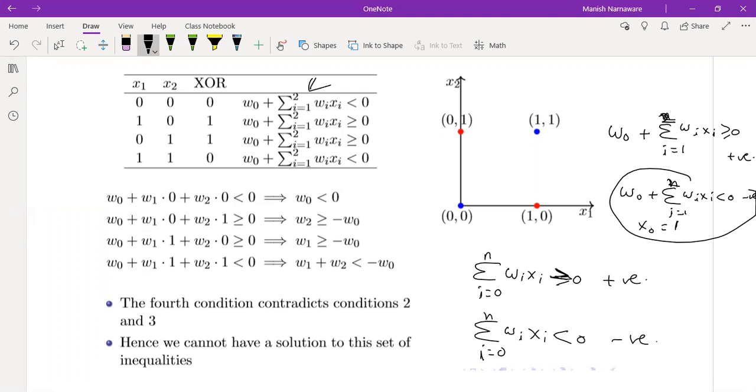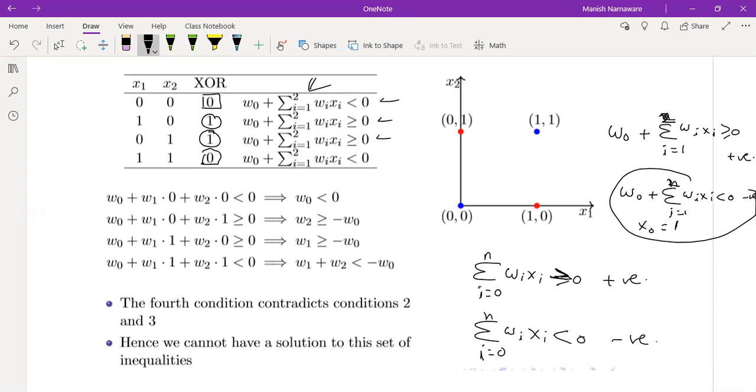Okay, so what are the positive samples here? These are the positive samples and these are the negative samples. So what is the equation for a negative sample? w0 plus summation i from 1 to 2 of wi xi should be less than 0. And for a positive sample, w0 plus summation i from 1 to 2 of wi xi should be greater than or equal to 0.